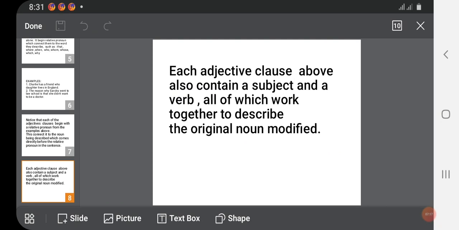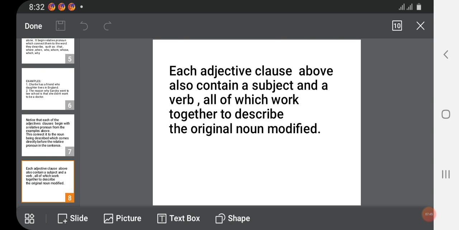Then each adjective clause above contains a subject and a verb, all of which work together to describe the original noun modified. What it simply means is that if you remember, we said that an independent clause consists of a subject and a verb.